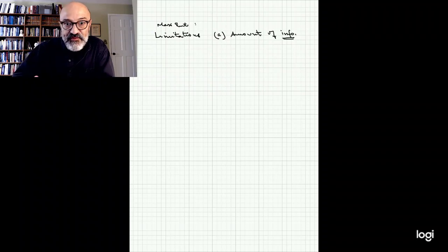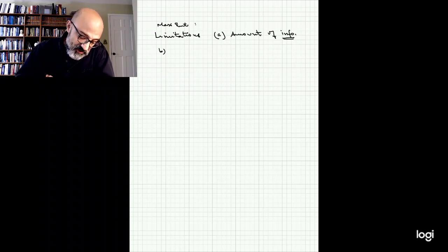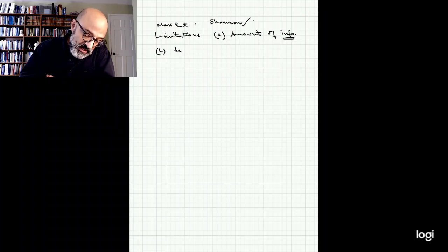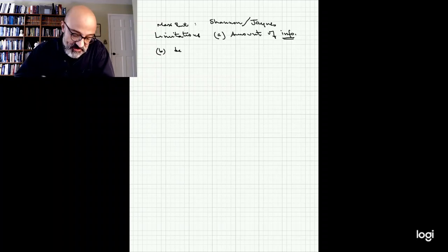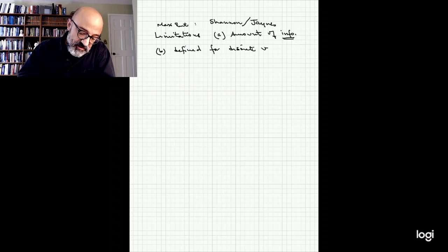So this led to all sorts of conceptual problems. Another problem was that the Shannon-Jaynes entropy was defined for discrete variables.